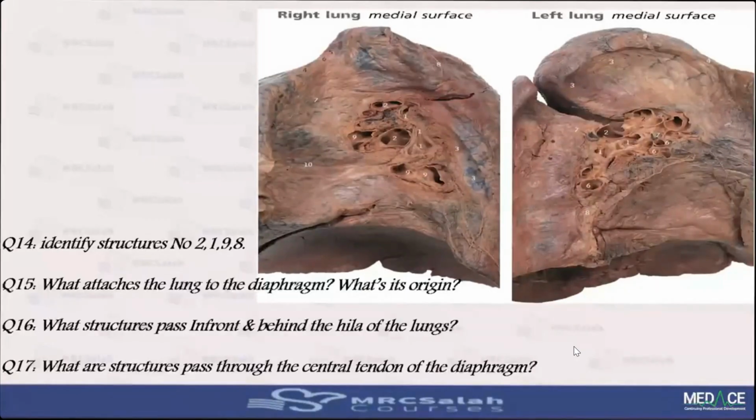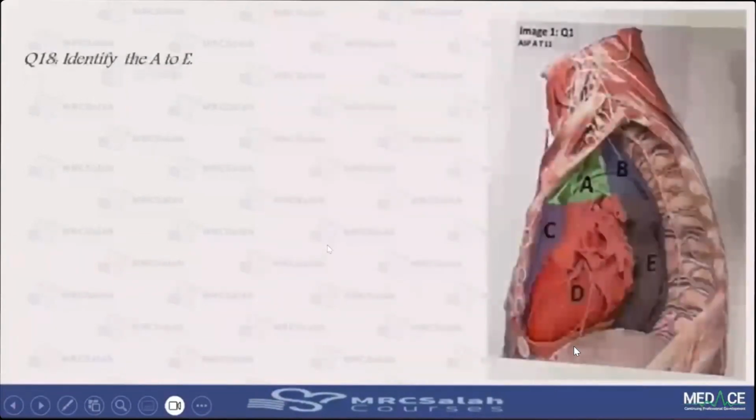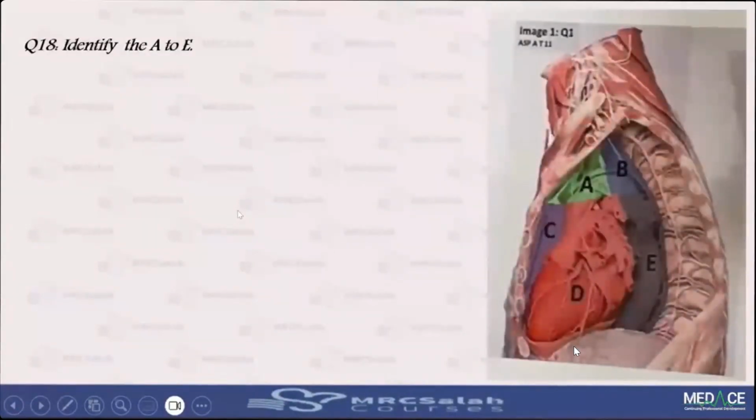So the question here was asked again, but in a different way. Would you identify the structures A to E? A is it pointing to the arch of the aorta? Both A and B are superior mediastinum, but I'm not sure. So the anterior part of the superior mediastinum and the posterior part of the superior mediastinum.